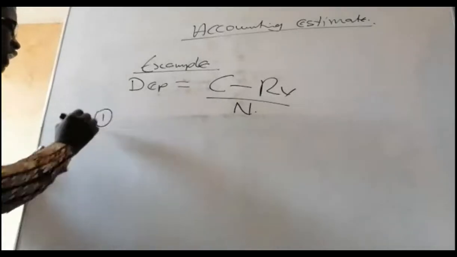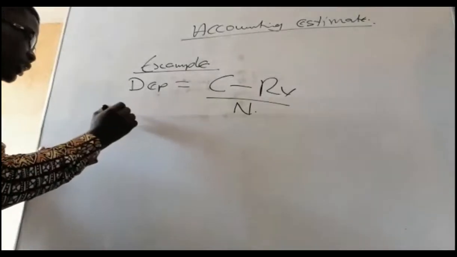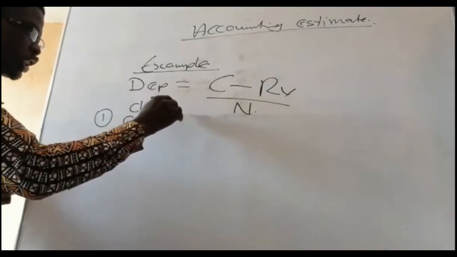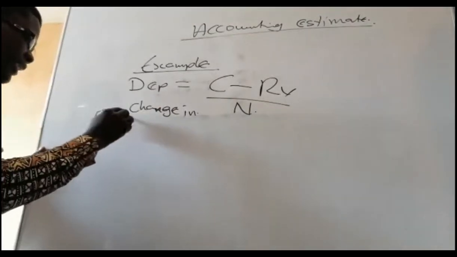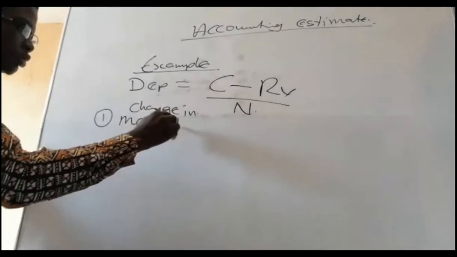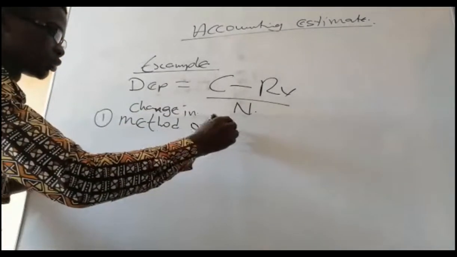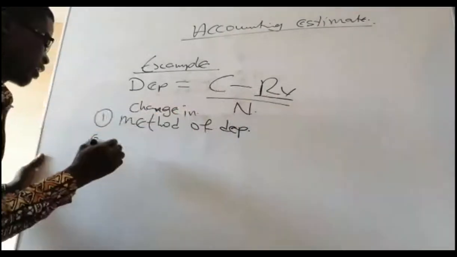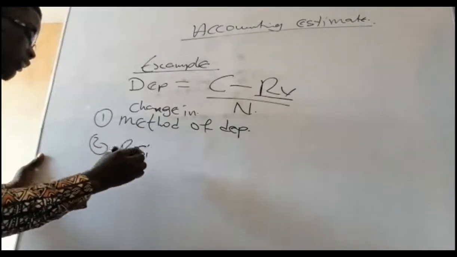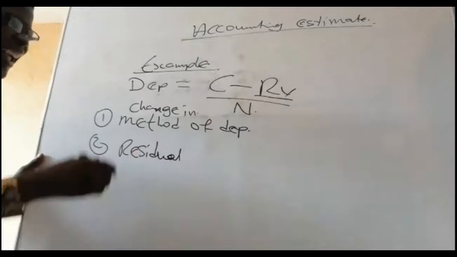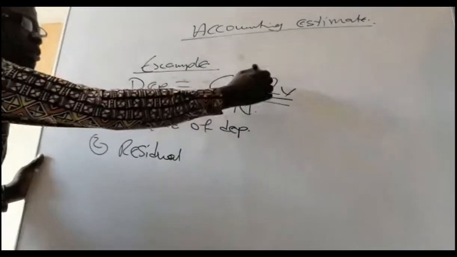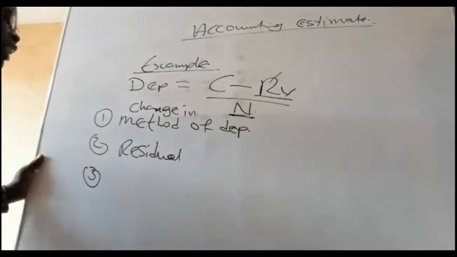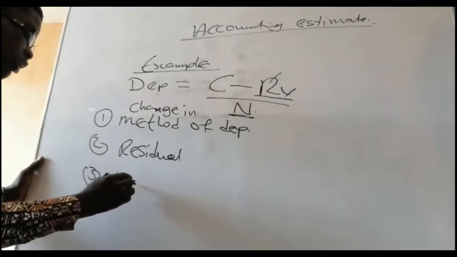So first, a change in the method of depreciation. Change in the following: one, method of depreciation. Two, change in the residual value. In fact, this residual value we normally call the estimated residual value. Yes, it is estimated. It's not actual. Then three, the estimated useful life of the asset.